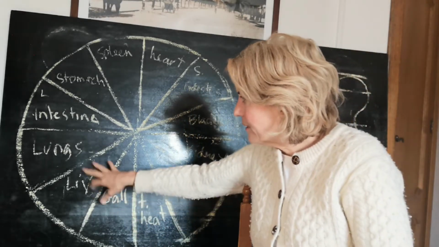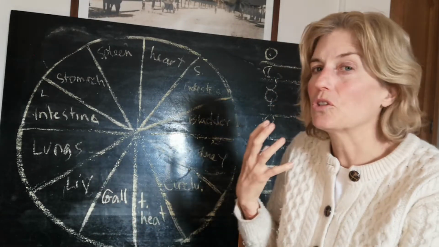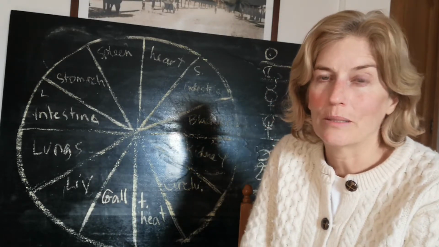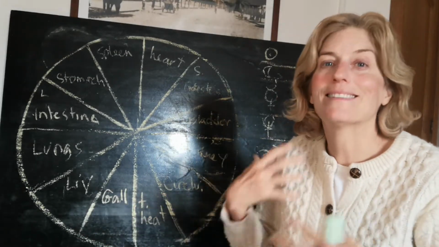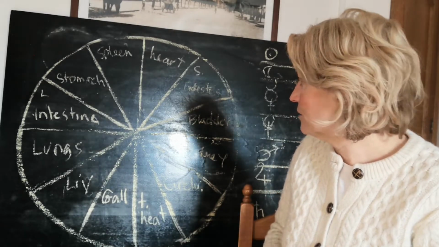The gallbladder, liver, lungs, large intestine, and stomach. Those are the 12 main organs that we are going to be talking about. Some can argue that circulation is an organ, but it really is a system. Okay, so it is included on this wheel.